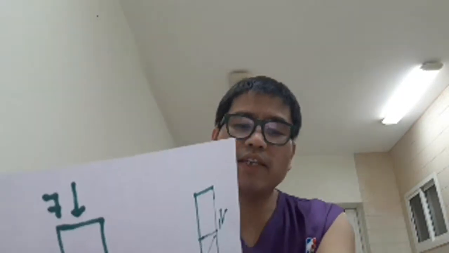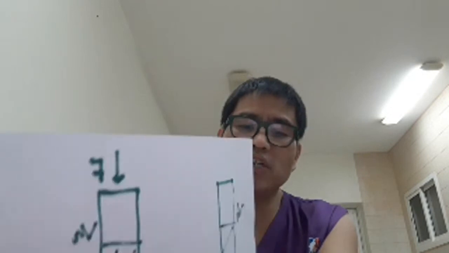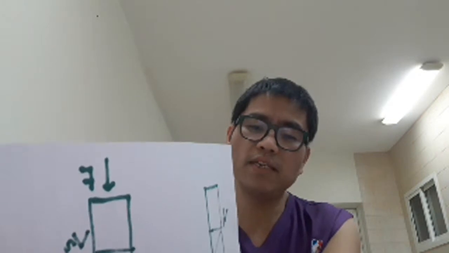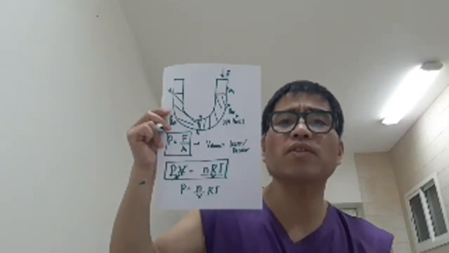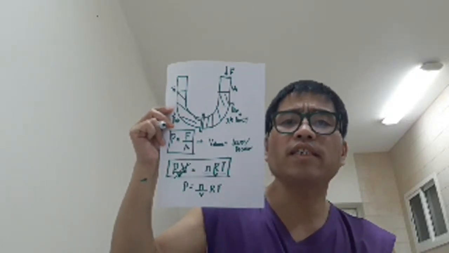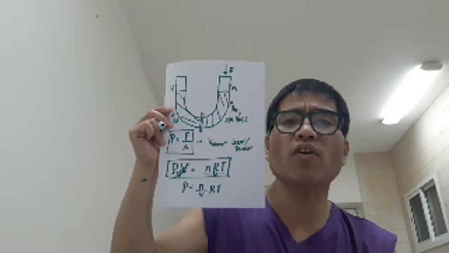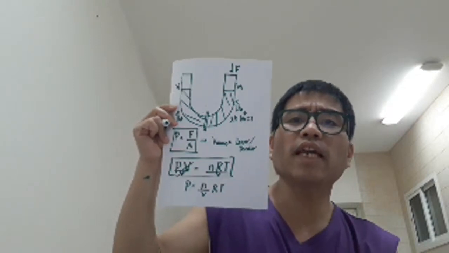So V cancels, and pressure is equal to n over V times RT. Okay, right?